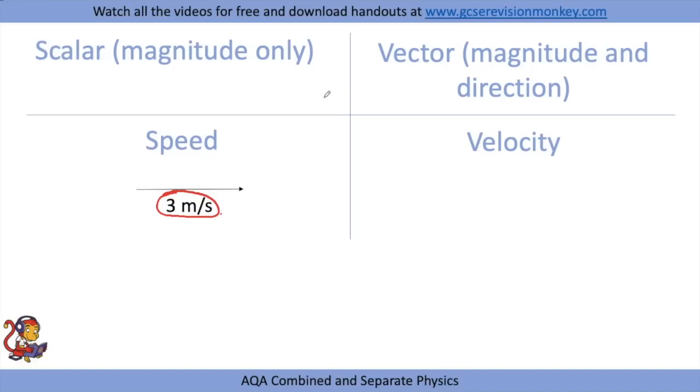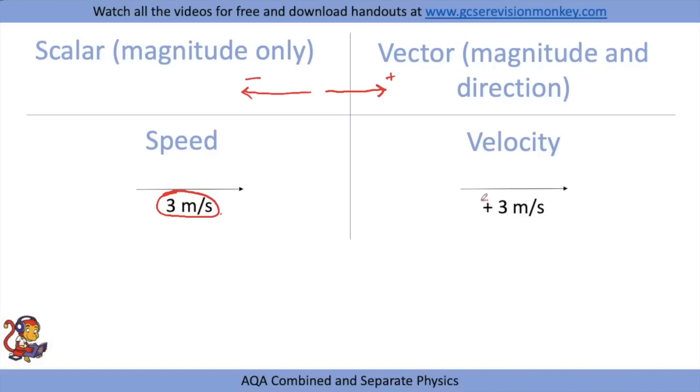So what they do in physics is they state which direction is positive and which direction is negative. So for example, a scientist could say, right, let's say that everything moving right is positive and everything moving left is negative. So rather than just writing 3 meters per second, if an object was moving to the right, when we talk about velocity, we'd have to be talking about plus 3 meters per second.